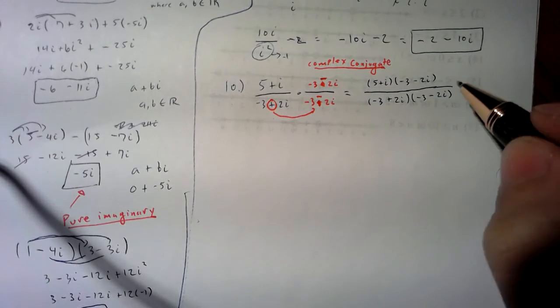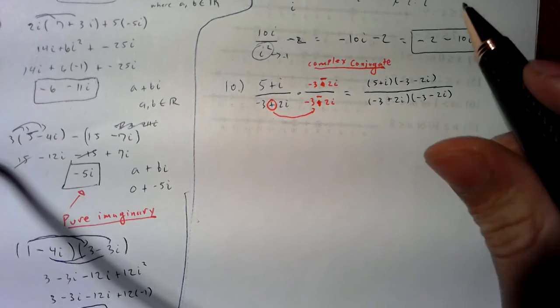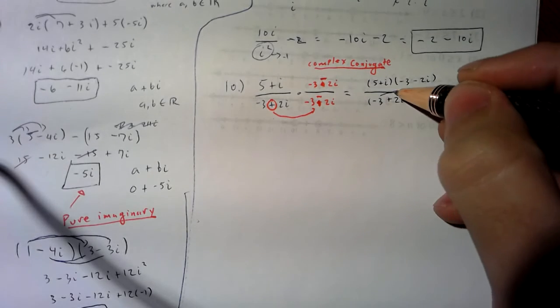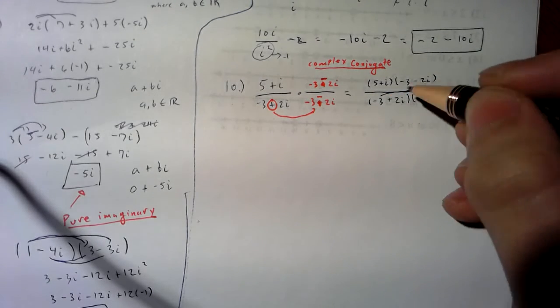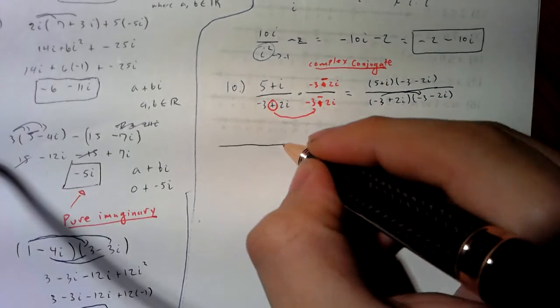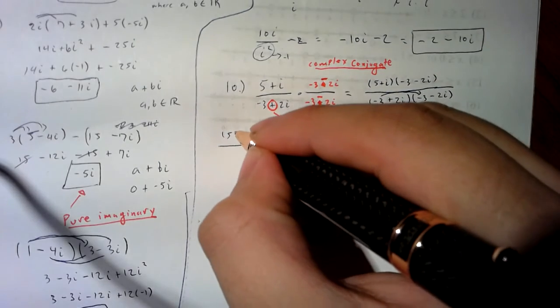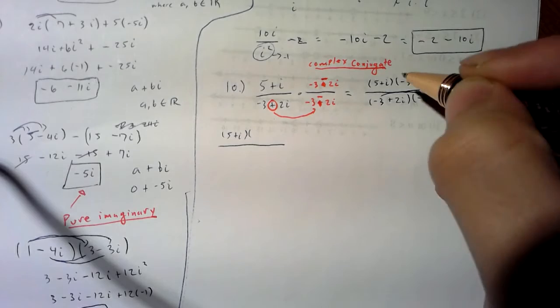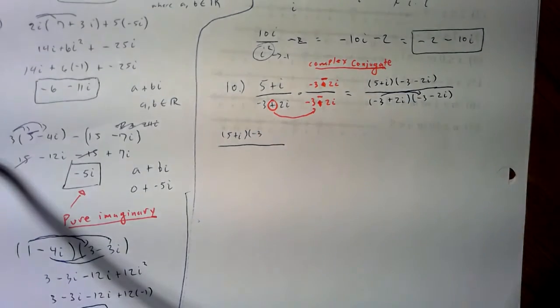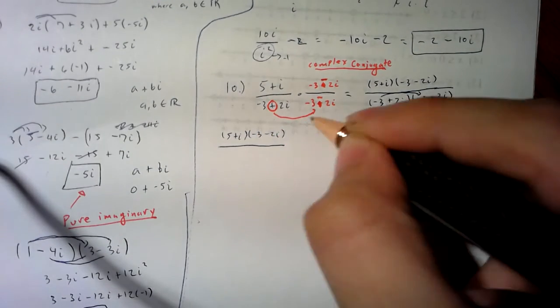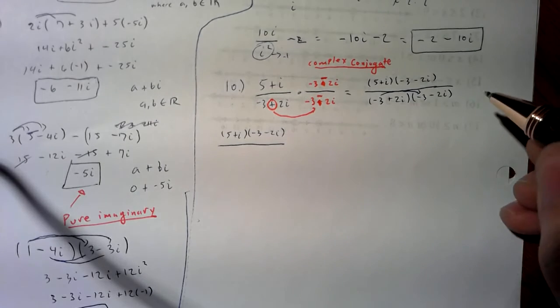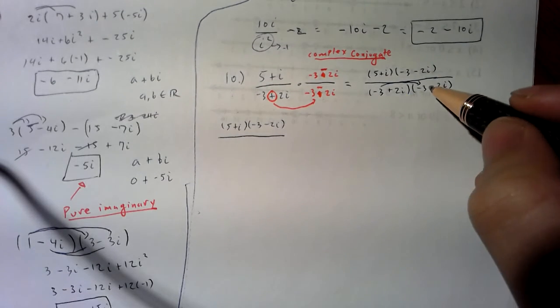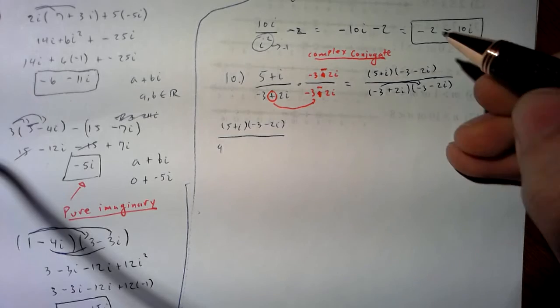If you're looking at the denominator, we can multiply this the way we would using the FOIL method. So I'm going to copy this over here, 5i. We're going to have to do it to both the top and the bottom, but I'm just going to focus on the bottom for now so you can see what's going to happen. Negative 3 times negative 3 is 9.